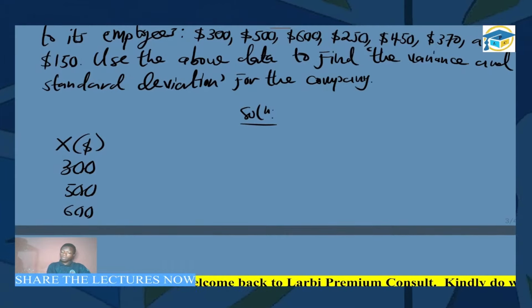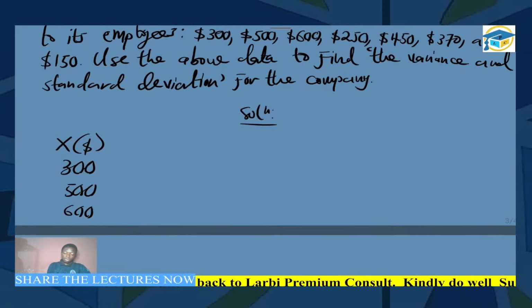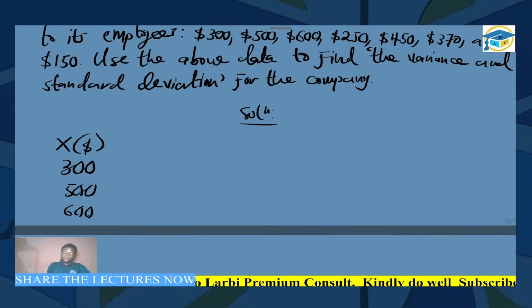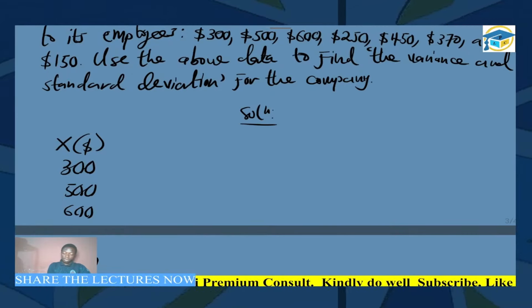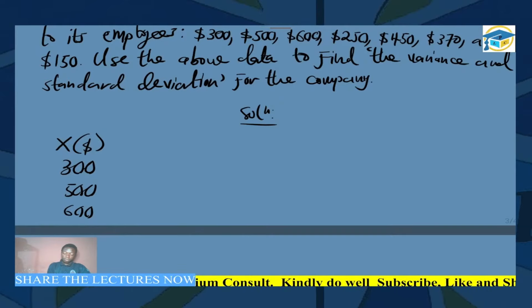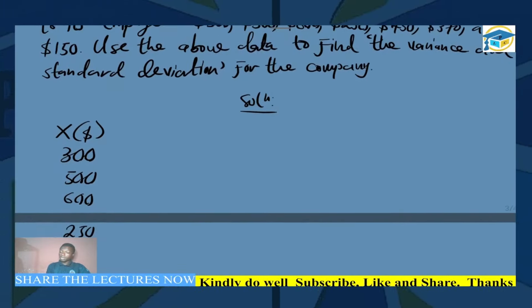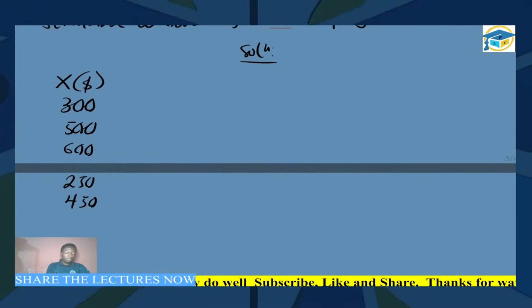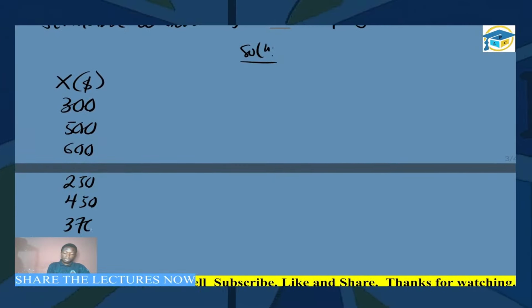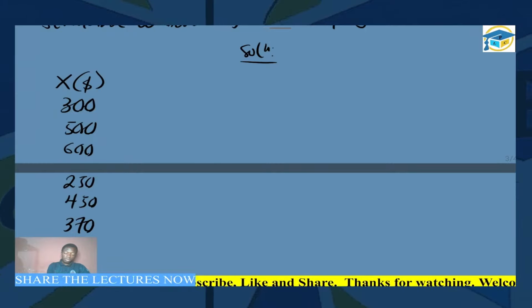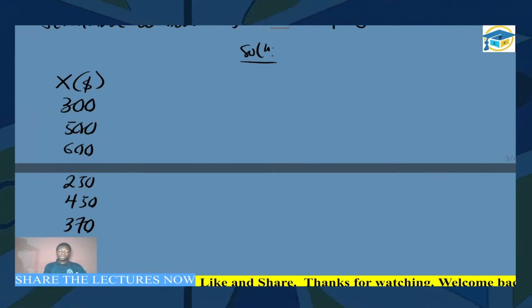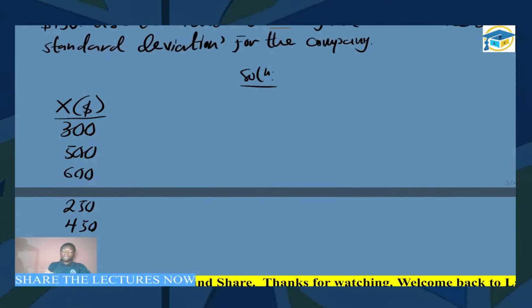Then we have 250. Then we have 450. Then we have 370. And then lastly, we have 150. All right, so once you have a column for X, that's going to be so.